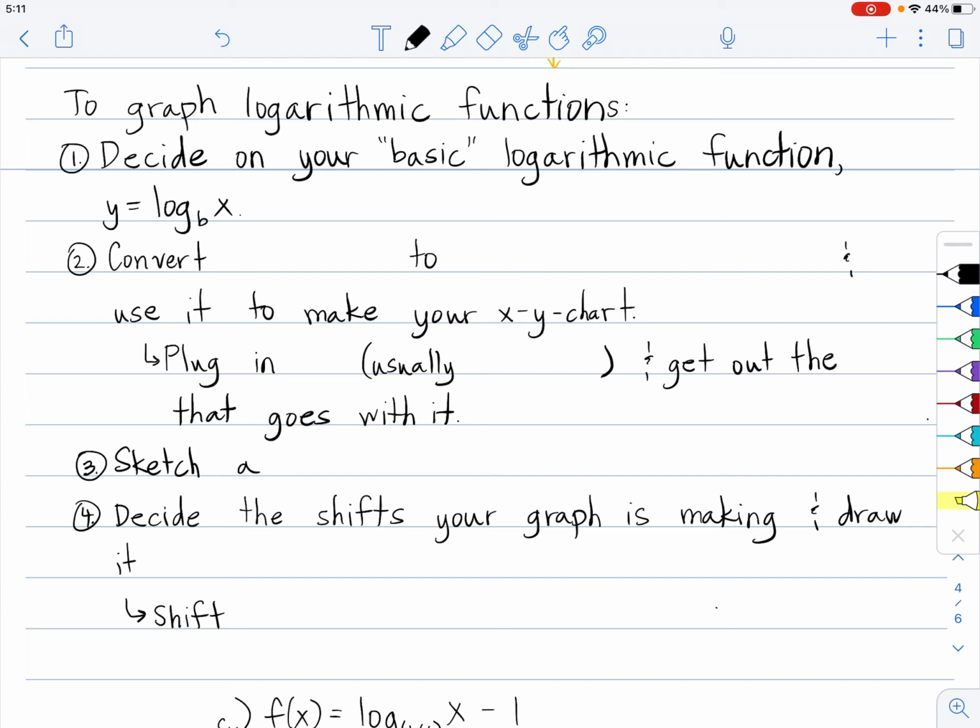And then we're going to convert y equals log base b of x to exponential form, which is b to the y equals x.